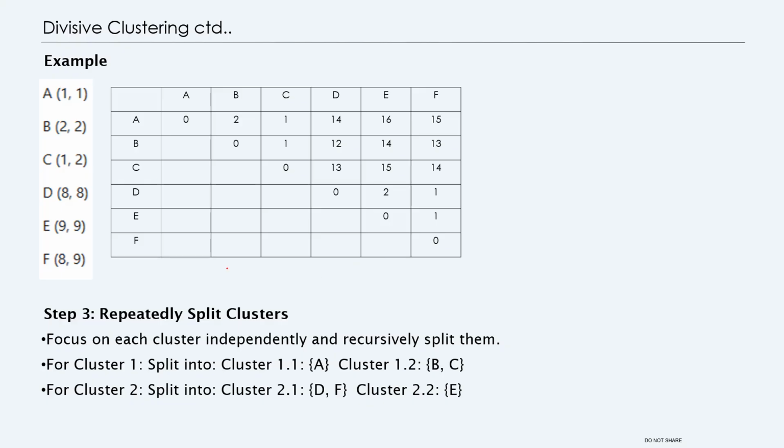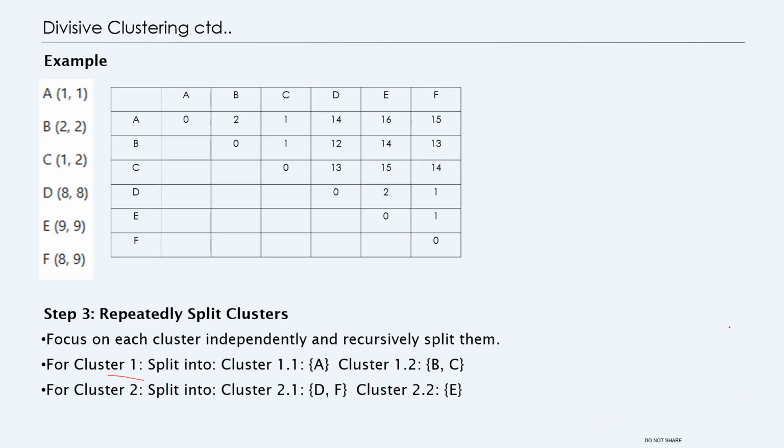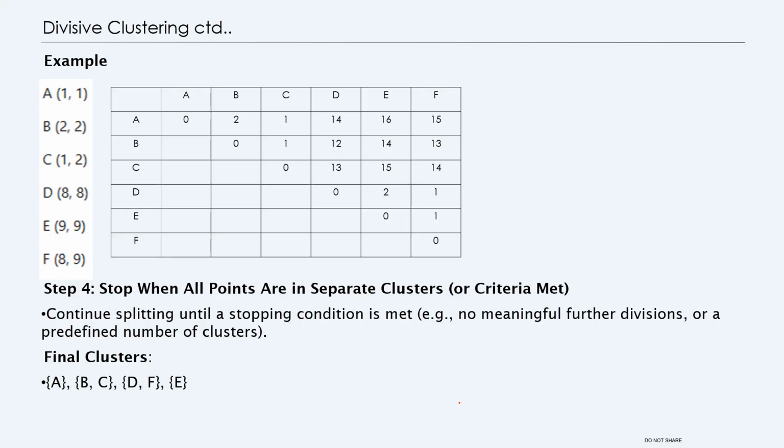Now then repeatedly we are going to split the clusters. So we can take the cluster 1, which contains the points A, B, C, and then split it into 2 clusters. In other words, B and C are closer to each other than to A, so we put B and C into one, A into the other one, and in cluster 2.1 we are going to say D and F are closer to each other than close to E, so we'll have D and F and E. So we continue until all points are in separate clusters, or until a stop condition is met.